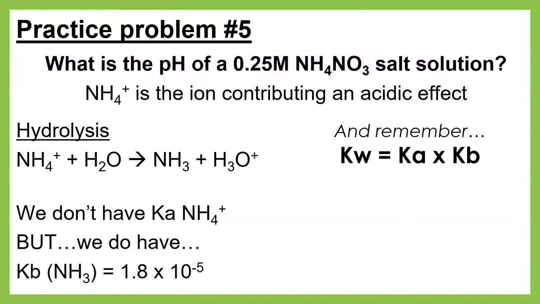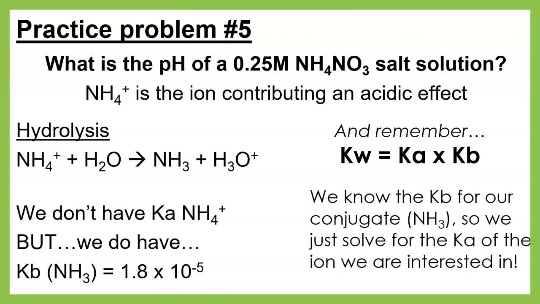So now you plug in and you solve for Ka of your conjugate, right, of your ion pair here. Why don't you pause and try to do that? All right.